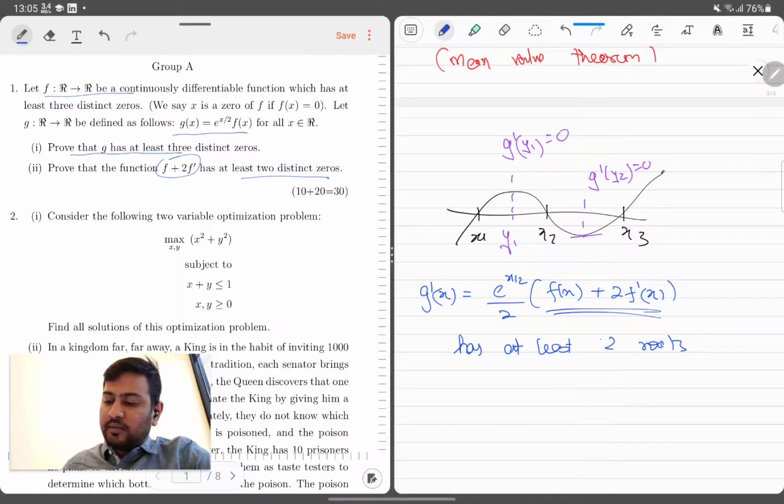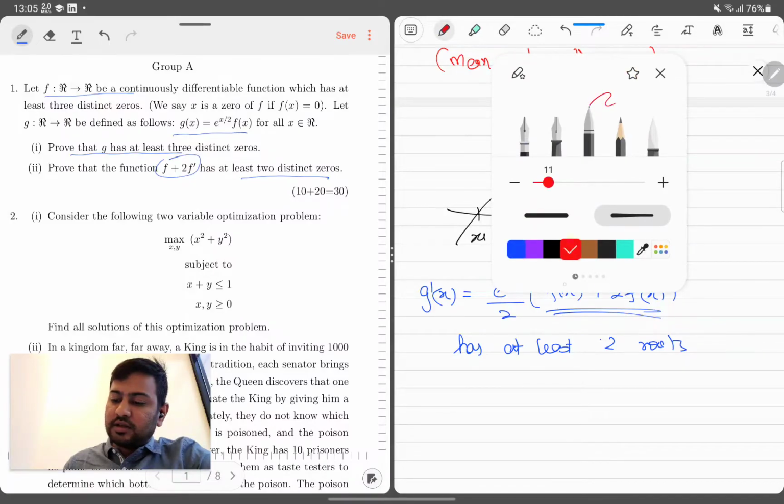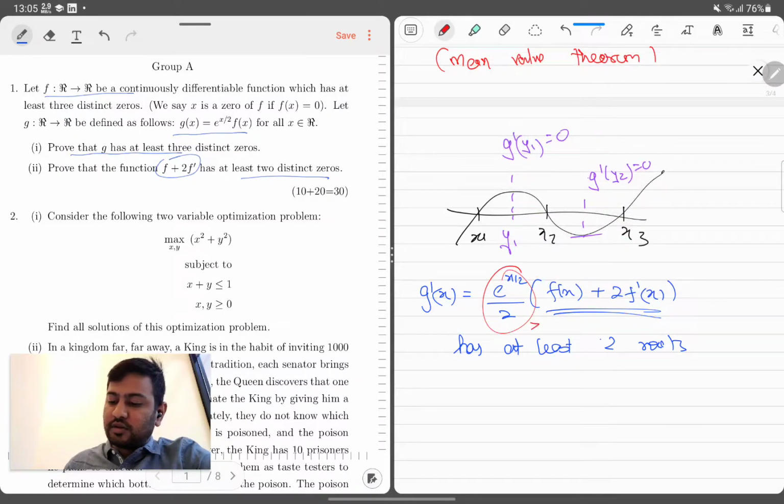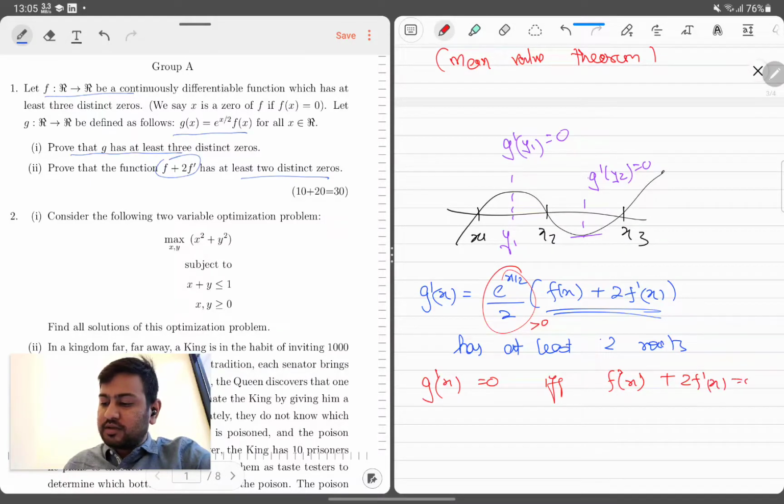Now again what you can see is that this part is always positive. So g prime of x will be 0 if and only if f of x plus twice f prime of x is equal to 0. So if g prime has 2 roots, okay, so if this thing has two roots, it automatically implies that this thing will also have two.